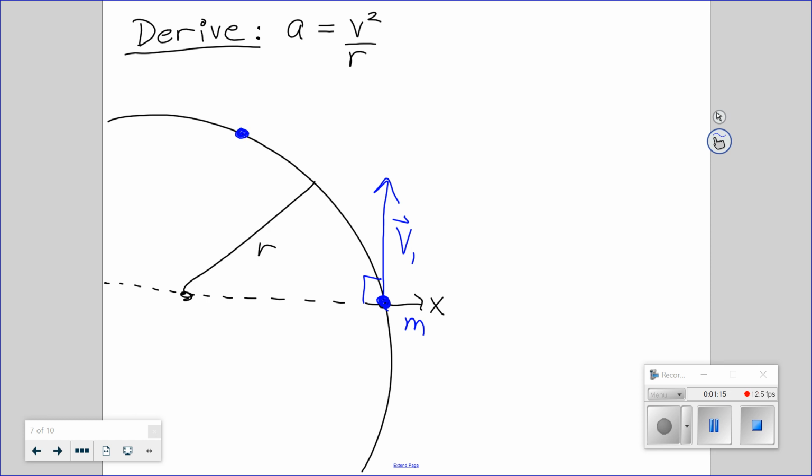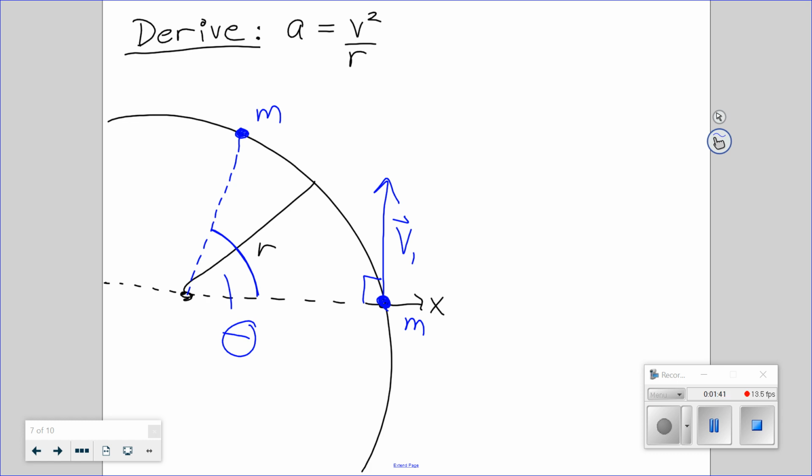Okay, at some later time, my mass has moved over. Whoa, I made that mistake again. Draw the mass at a different position later. It's the same radius, but it's at a different angle. We're actually going to name that angle theta to use later in the problem.